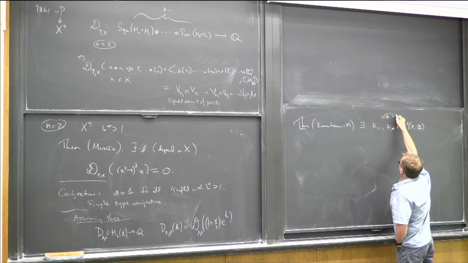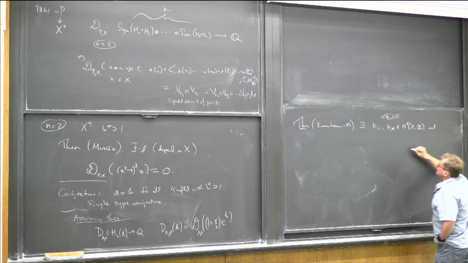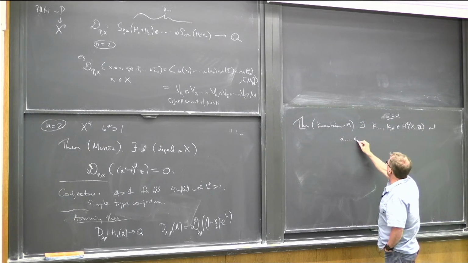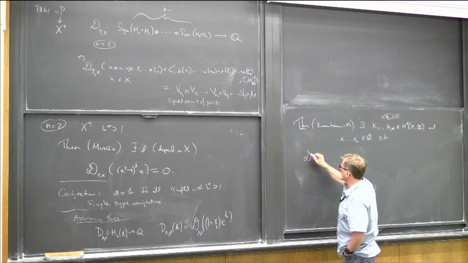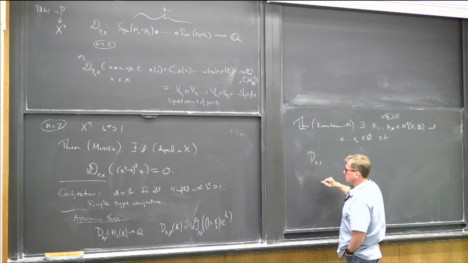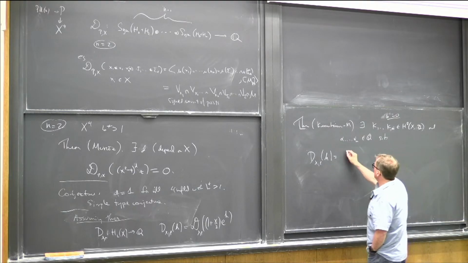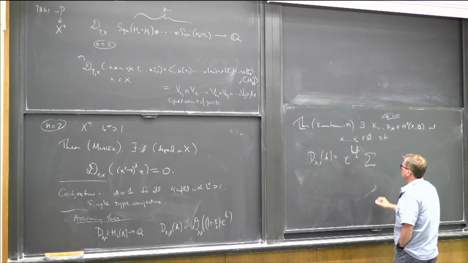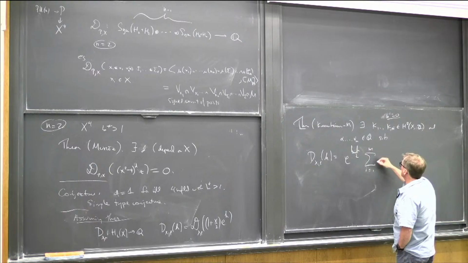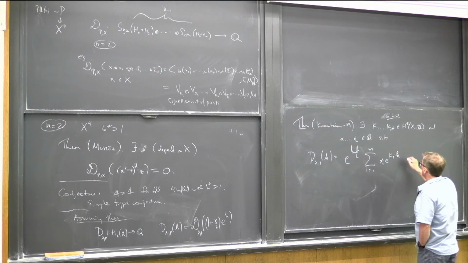Let's assume b1 is 0 for the moment, and corresponding rational numbers, so that actually D of x and p of h is e to the Q(h) over 2 times the sum i equals 1 to m of alpha i e to the k i dot h.